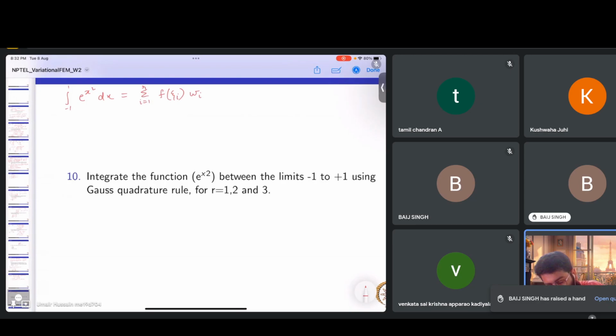Okay, so we'll take r equals to 1. So our zeta i equals to 0 and wi equals to 2. So what is our integral? F of 0 into 2, that is e to the power 0 into 2. So that gives us 2.